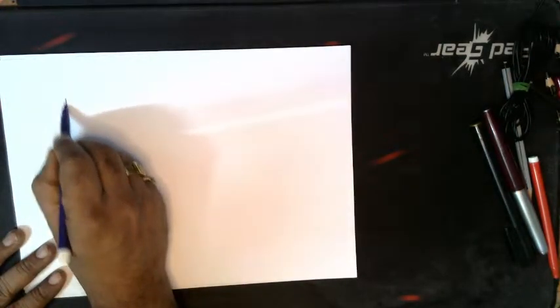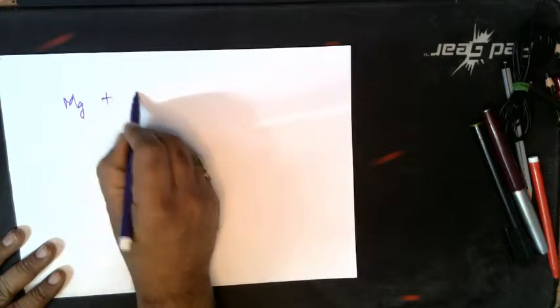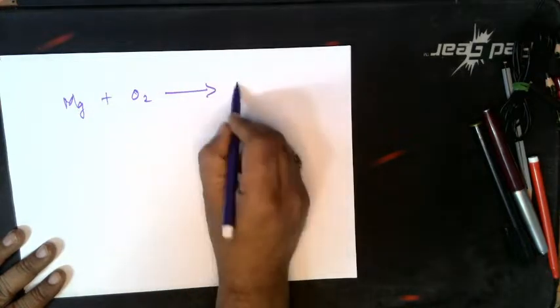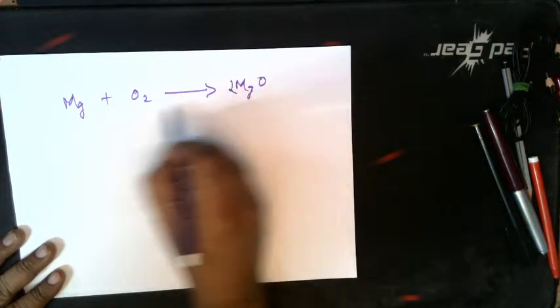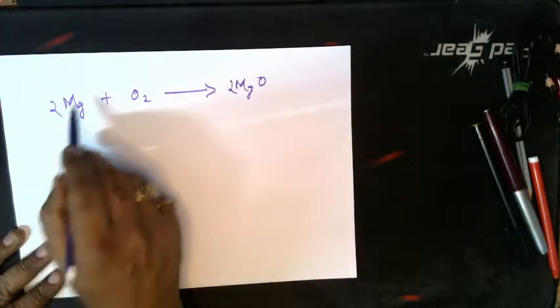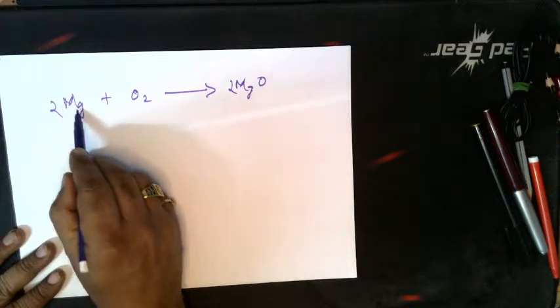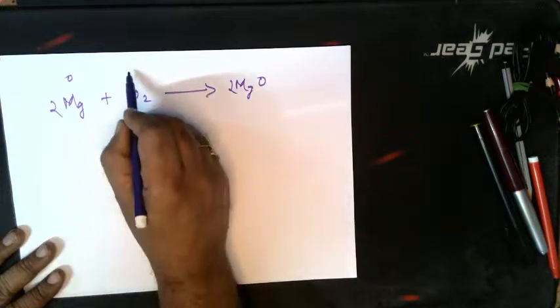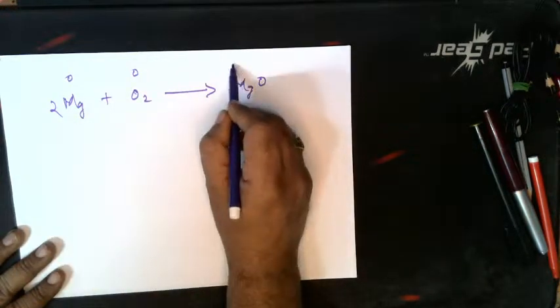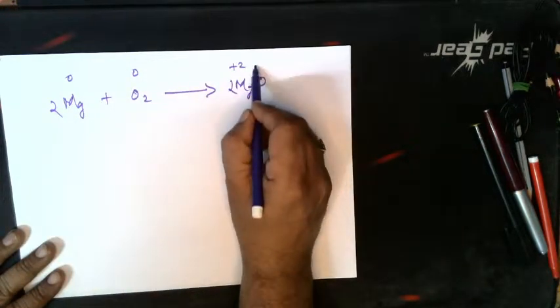For example, Mg plus O2 gives 2MgO, 2Mg. Now, what is the oxidation state of magnesium? 0. What about the oxygen? 0. And in MgO? Plus 2. What about this? Minus 2.